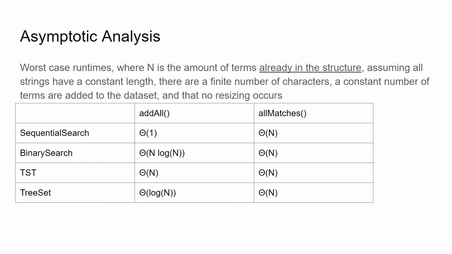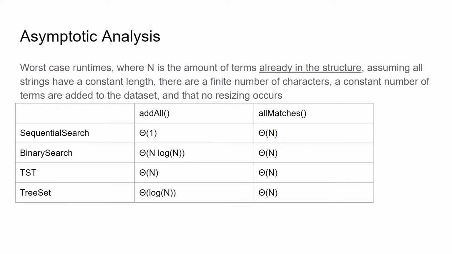Now, for the TST, adding all elements would be theta of n, and that is because in the worst case, we would have the spindly tree, and the height of the spindly tree, if n elements are already in it, would be n, because you're only going to go in one direction.